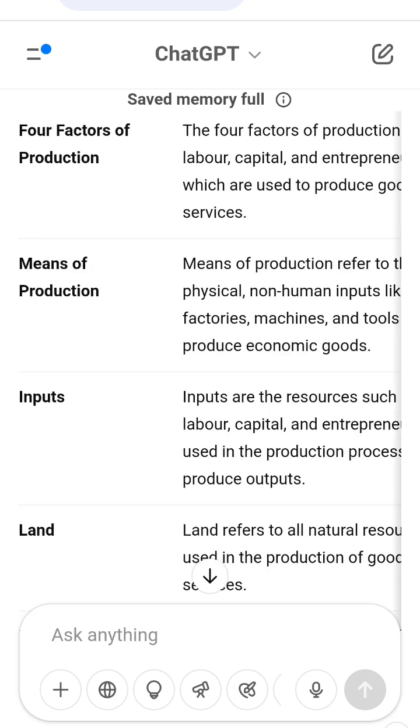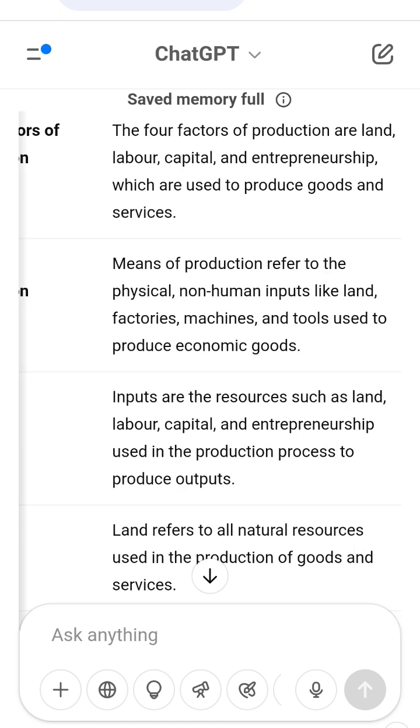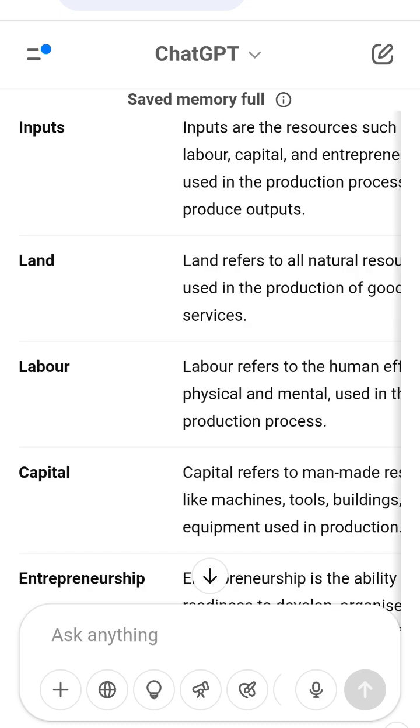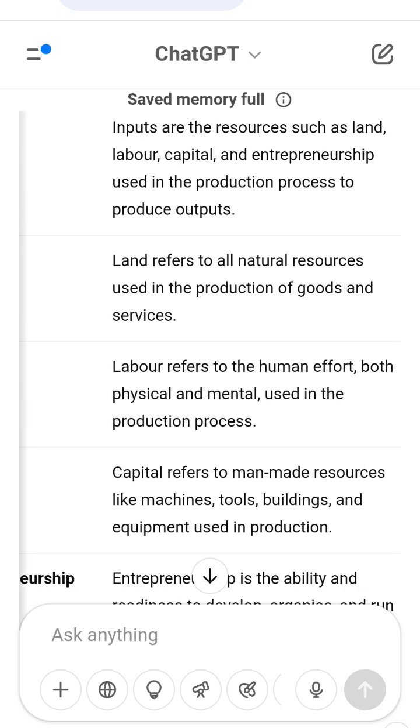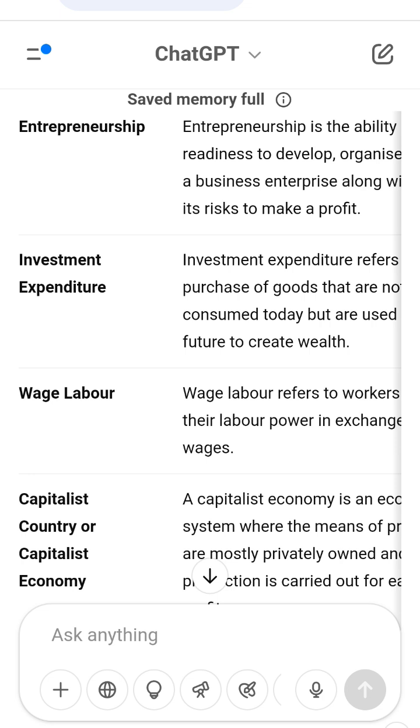Output refers to the total quantity of goods and services produced in an economy over a given period. Households refer to individuals or groups of people who supply factors of production, like labour, and consume goods and services. Government is the political authority that makes laws, enforces them, and provides goods and services to the people.